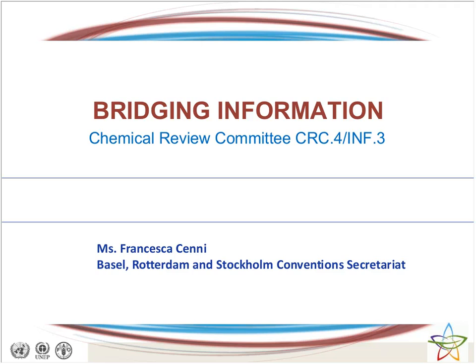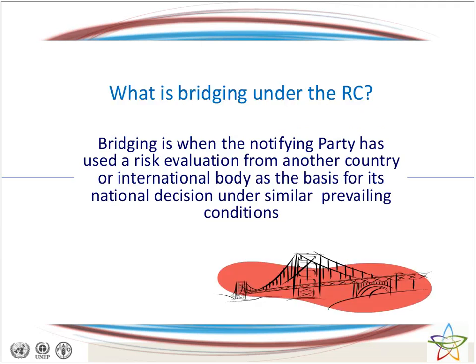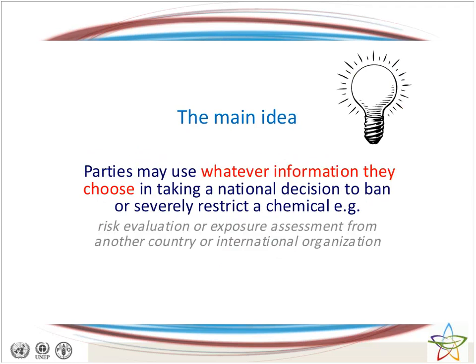Now, I introduce what bridging is. Bridging under the Rotterdam Convention is when a notifying party has used the risk evaluation from another country or international body. The main idea is the party may use whatever information they choose in taking a national decision to ban or severely restrict the chemical.